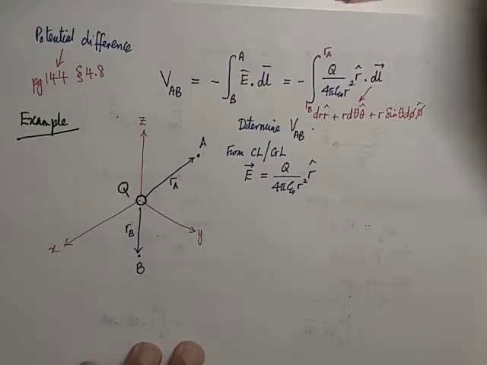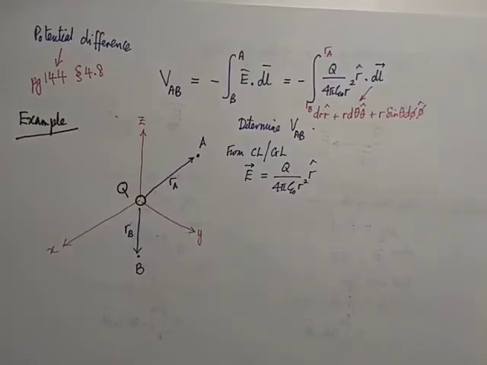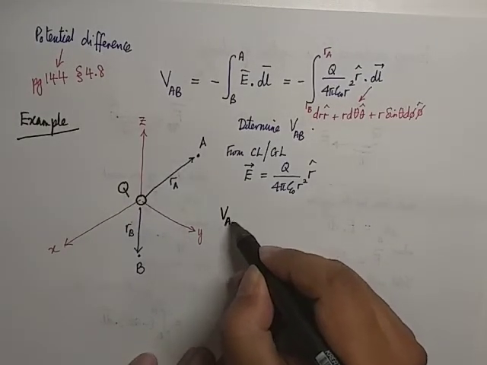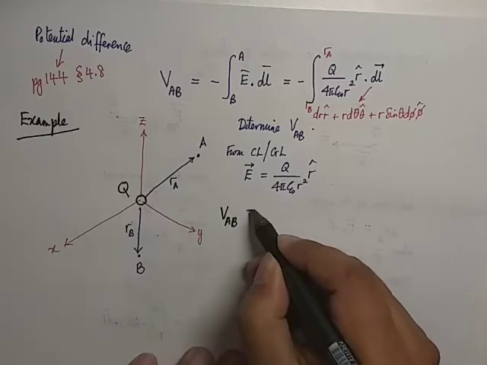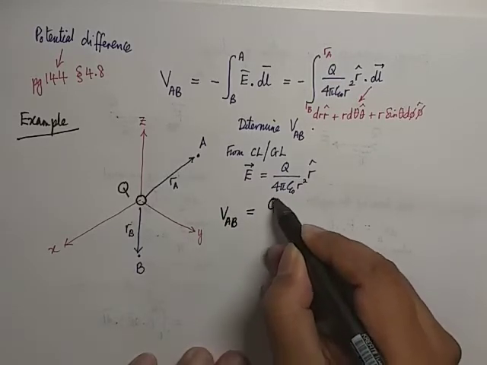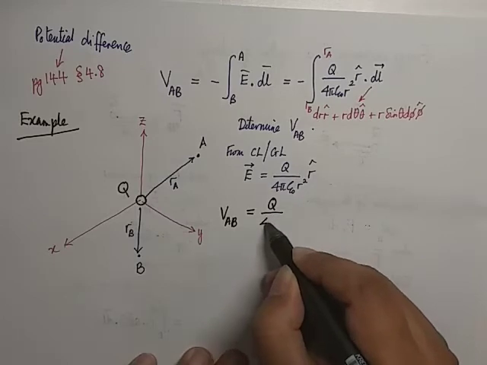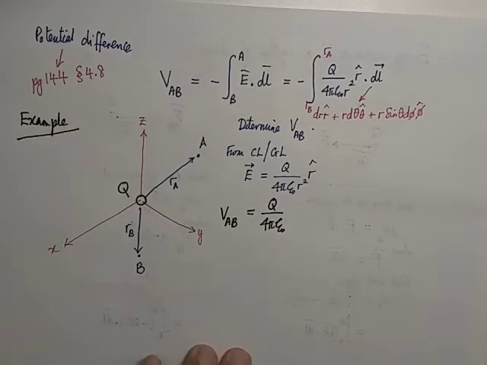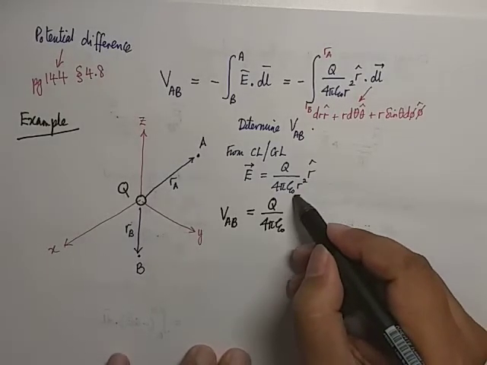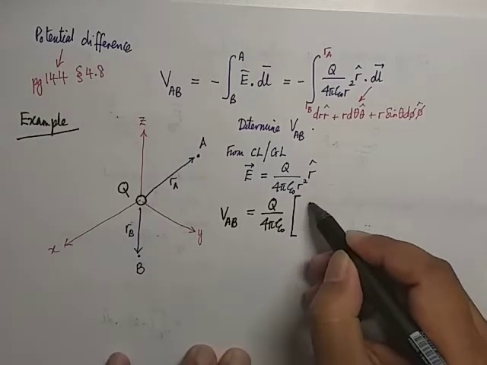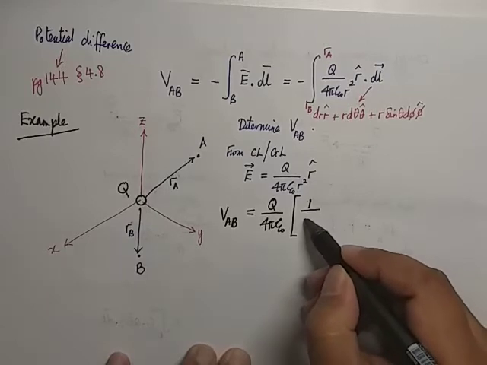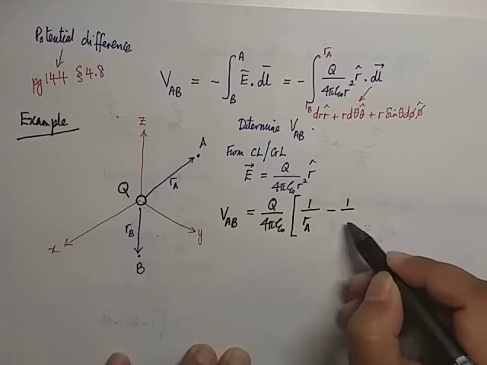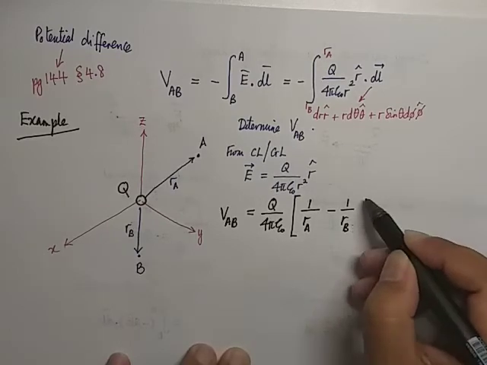When we do that, the final solution that we determine, VAB, is equal to Q divided by 4 pi epsilon naught, times 1 over RA minus 1 over RB.